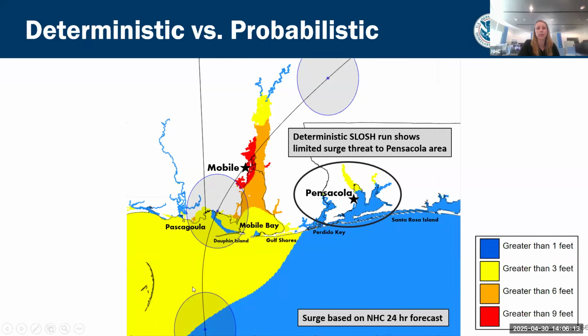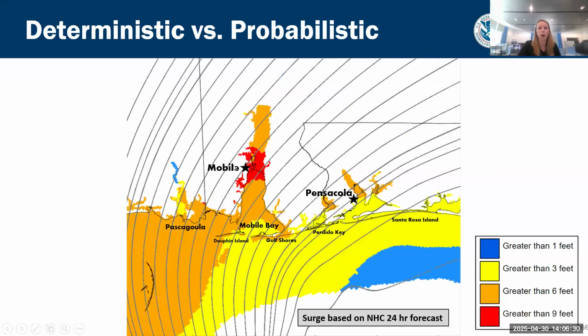We do not use this skinny black line deterministic approach, but rather we use the P-Surge approach, that probabilistic, ensemble or family of storms. So to take a look at what this looks like in terms of P-Surge output, you can see the swath of potential storm tracks instead of just that skinny black line.